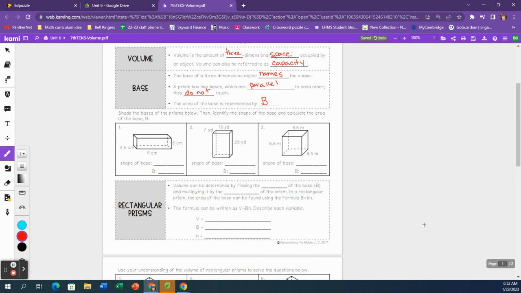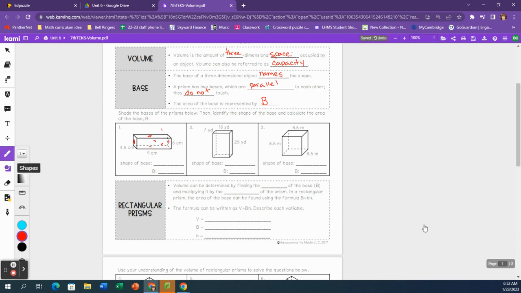So let's look at these right here. All we're going to do right now is shade the bases of the prism below, then identify the shape of the base. Now, rectangular prisms are special in that you have three parallel bases. You have this one here, this one here, and then the back and the front.